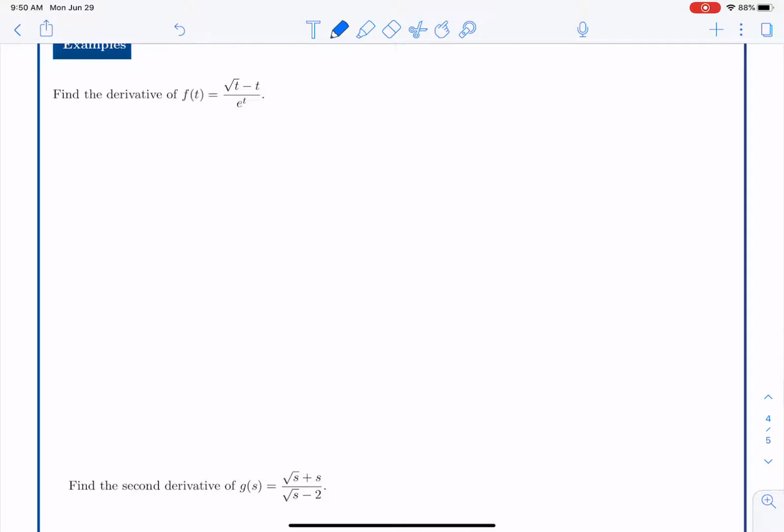So here we have a function divided by a function. So f is the dependent variable. T is the independent variable.